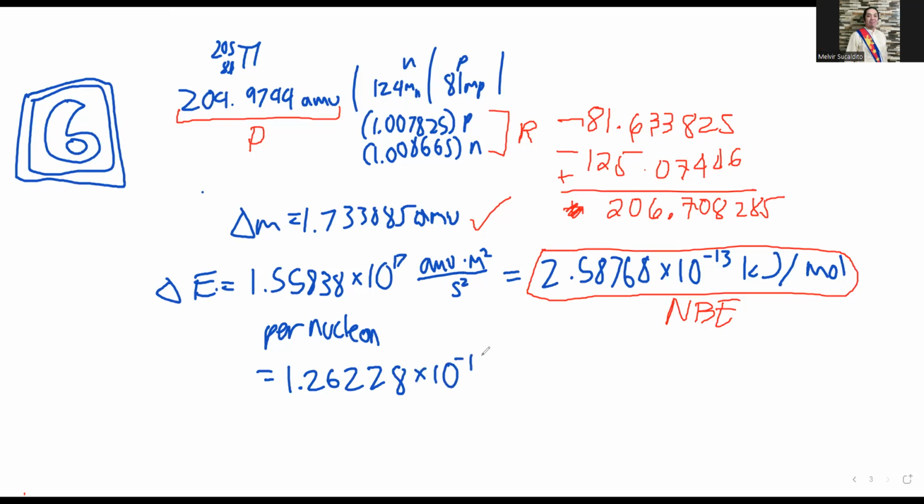So para at least makuha mo yung change in energy per nucleon. Hindi ko naiintindihan yung sulat mo. Okay, nuclear binding energy per nucleon. Yeah, sir. NBE per nucleon po yung sinusulat niya. Should be joule per nucleon.